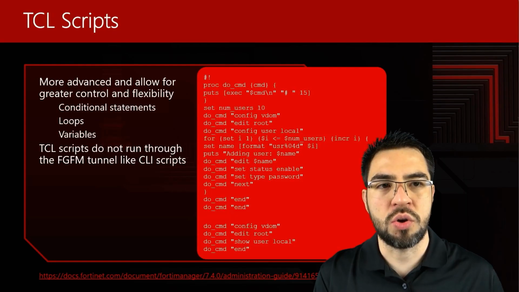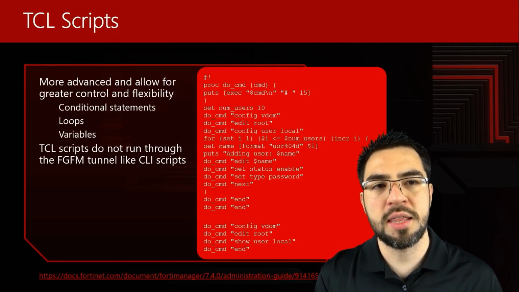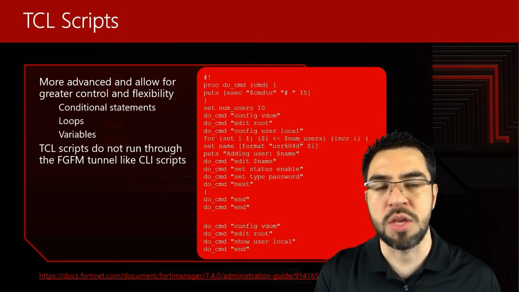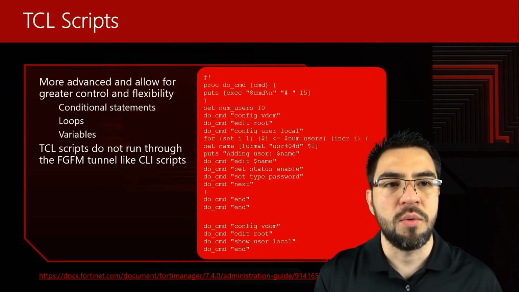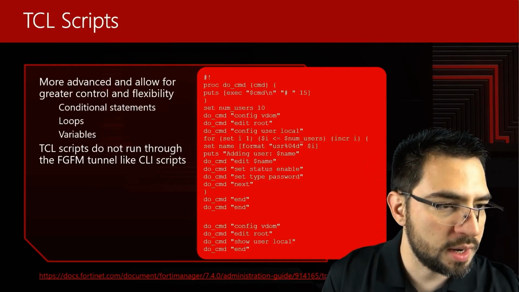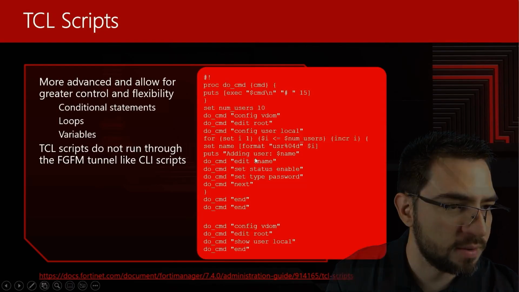This one is just going to create a bunch of local users in our FortiGate, but you can get the idea. We can define variables. In this case, the num user is set to 10. Let me see if I can just point that out right here.